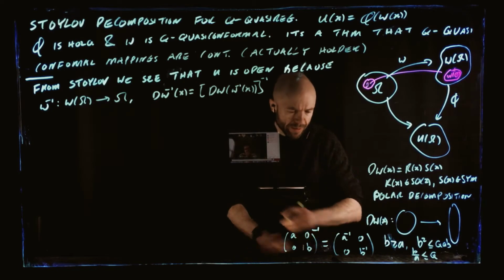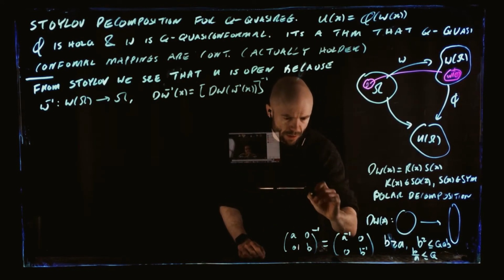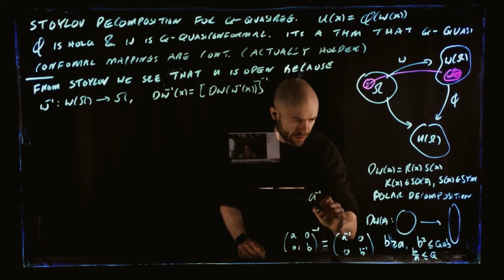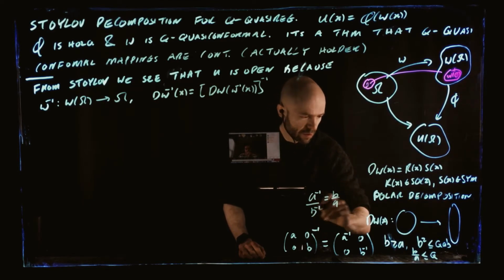That would mean that a to the minus 1 is bigger than b to the minus 1, so a to the minus 1 over b to the minus 1 is equal to b over a, and that is also controlled by q.